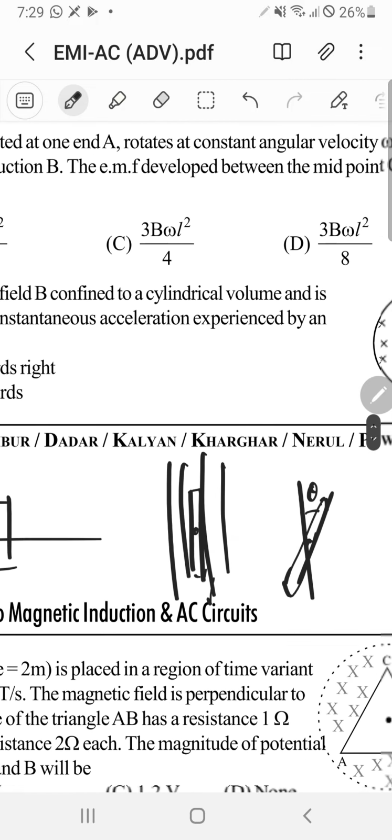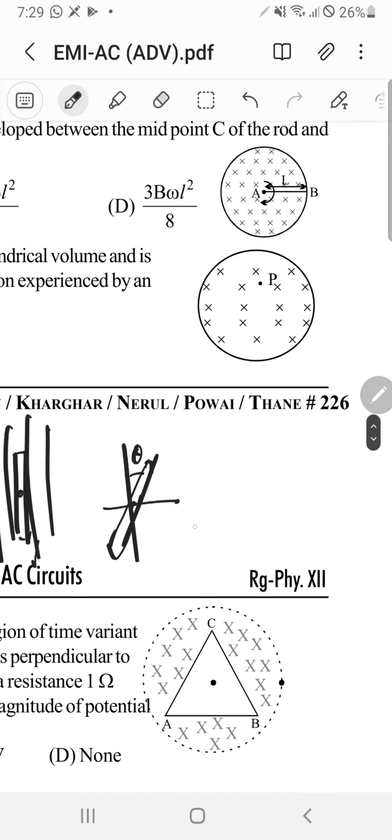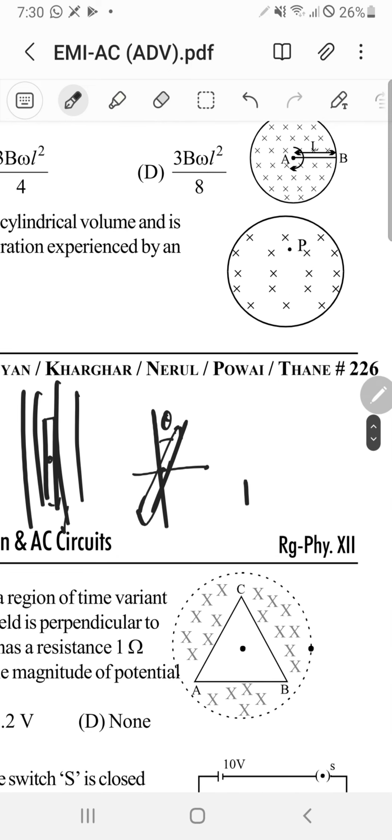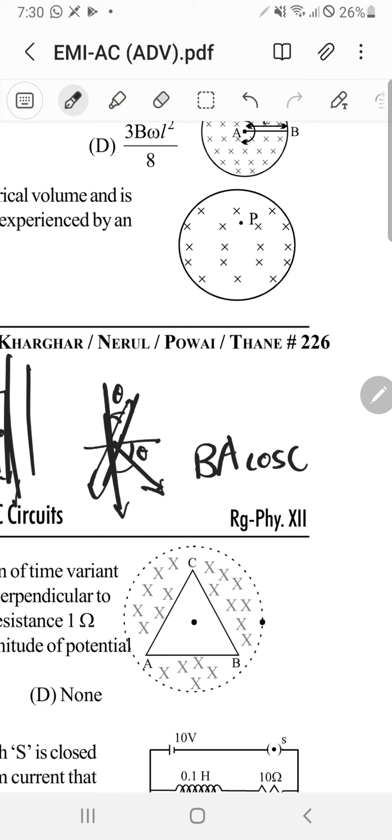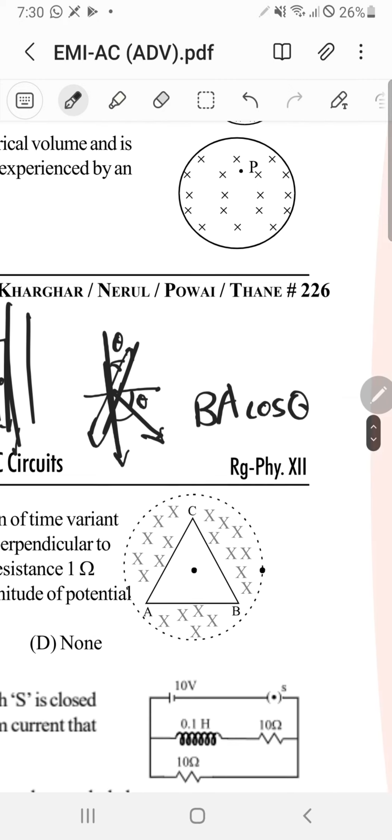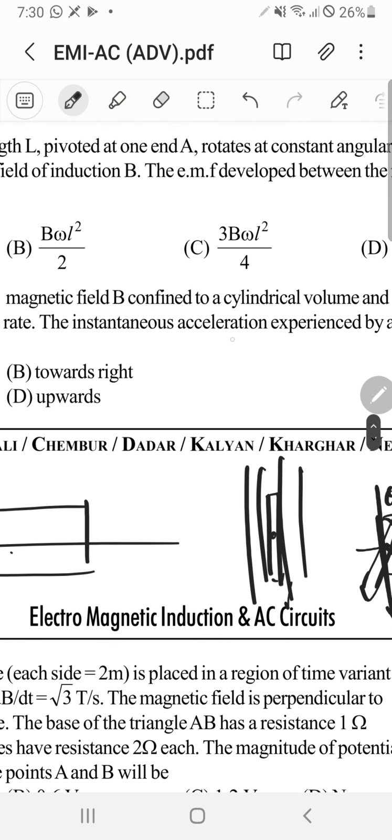So what's the flux? B A, it's a cross product. The area vector is going in that direction, the magnetic field in that direction. This is theta, so this is 90 minus theta. It's like cosine theta, doesn't matter, it's the same integral. Cool. So how is the average going to work? Integration of cosine theta dt. Isn't that right?